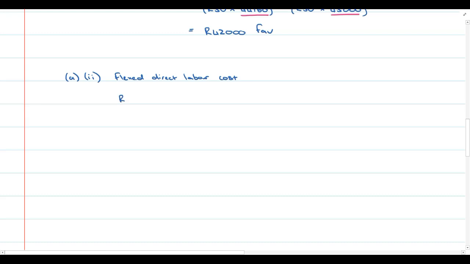So it's going to be the rate variance, the idle time variance, and the efficiency variance. So if we start with the flexed cost and we take all of those variances into account, we should come back to the actual direct labor cost.